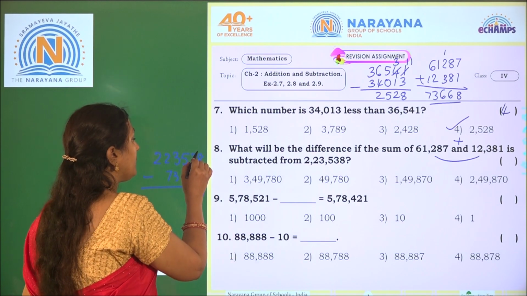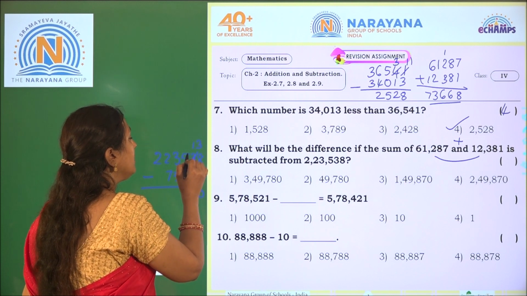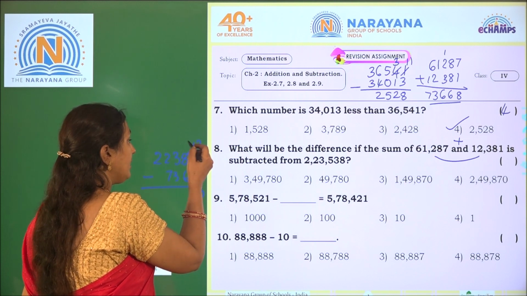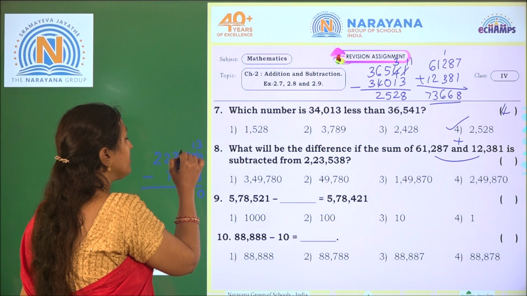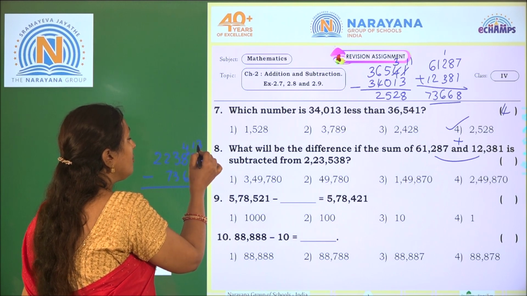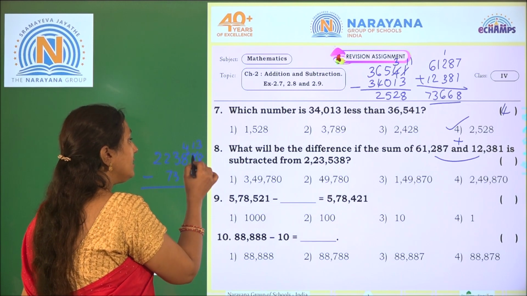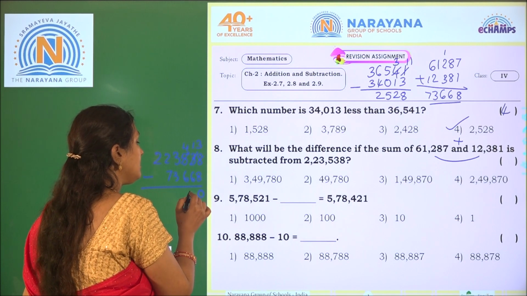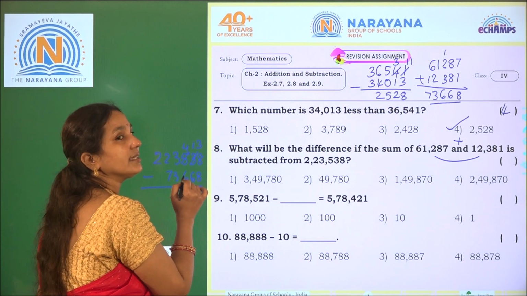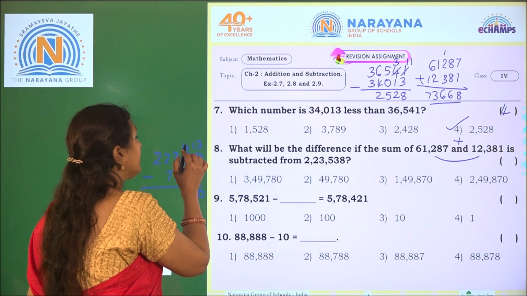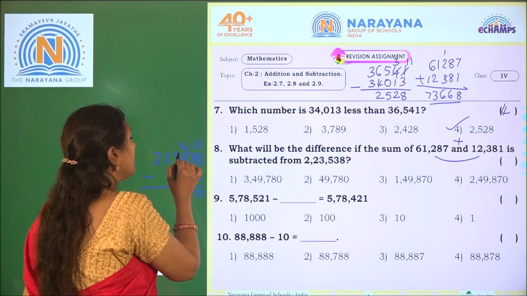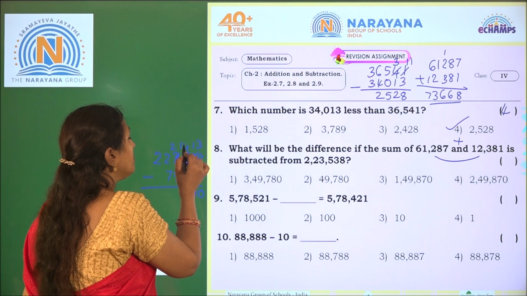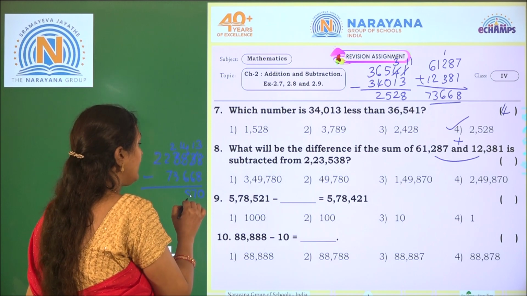No, we have to regroup it. 3 will become 13, taking one from 5. So this 5 will become 4. 13 minus 6 is 7. 4 minus 6 we cannot. Again we have to regroup. 4 will become 14. This 3 will become 2. 14 minus 6 is 8.